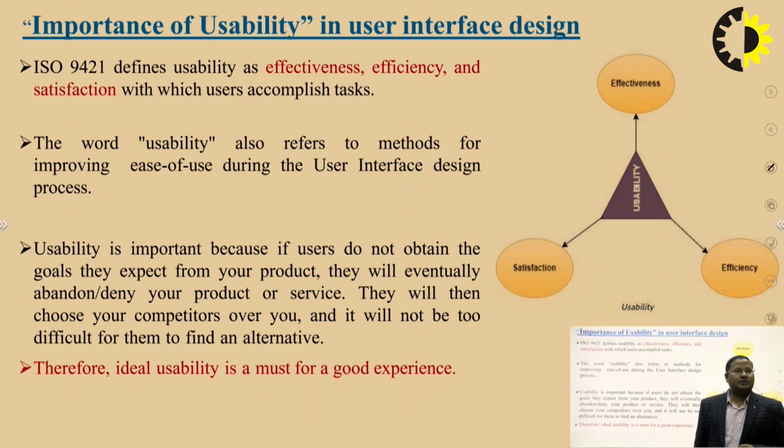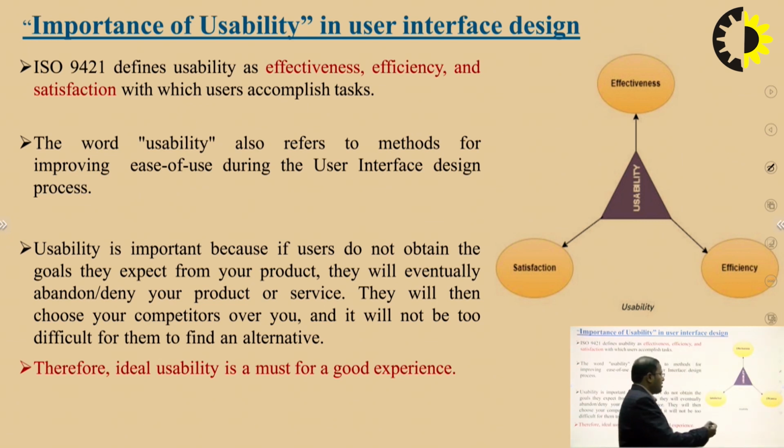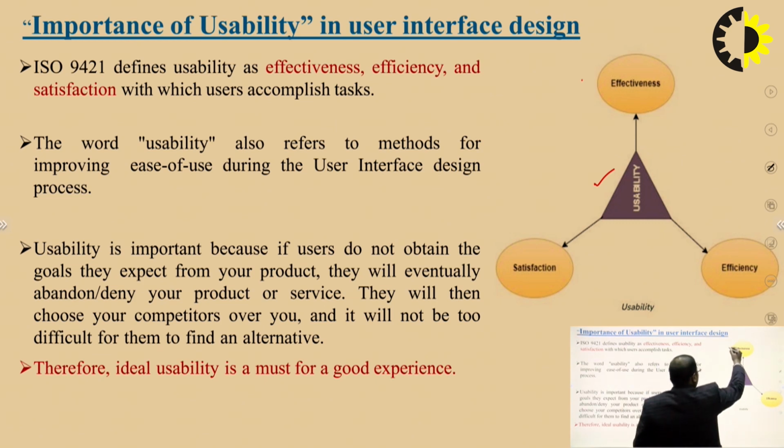So effectiveness, efficiency, and satisfaction are important parameters to define usability. In this diagram, I have shown usability, which is based on effectiveness, satisfaction, and efficiency. And these three parameters define the usability.